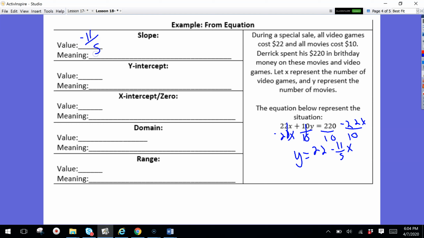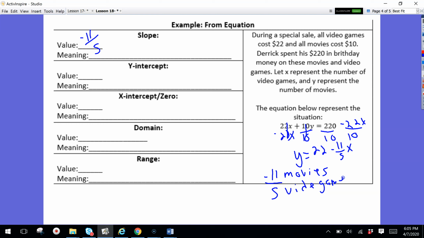Now we need to interpret this slope. What does this mean? So remember, this is the change in y, where y means movies, per the change in x, where x means video games.